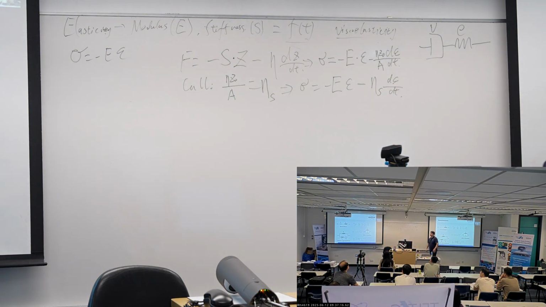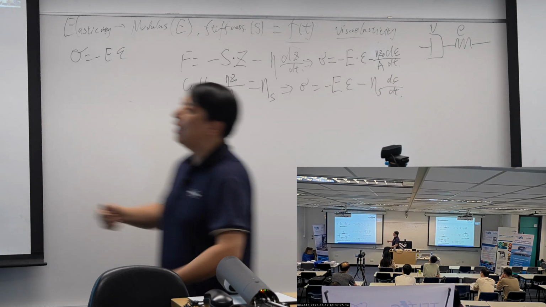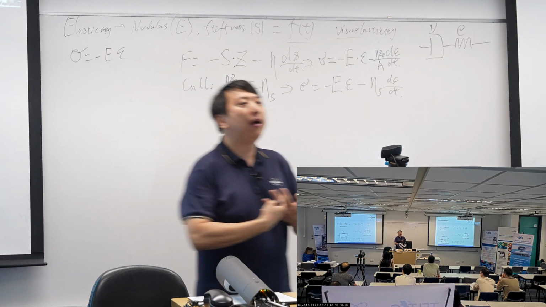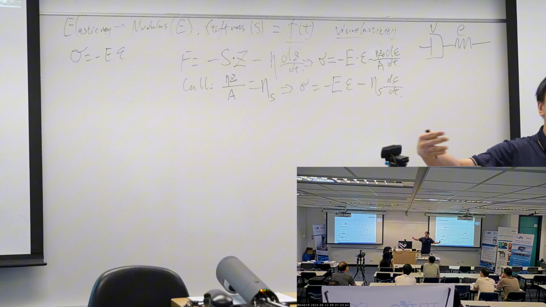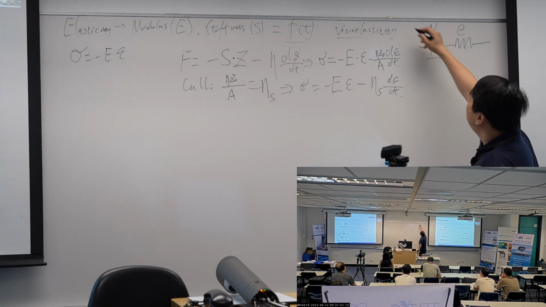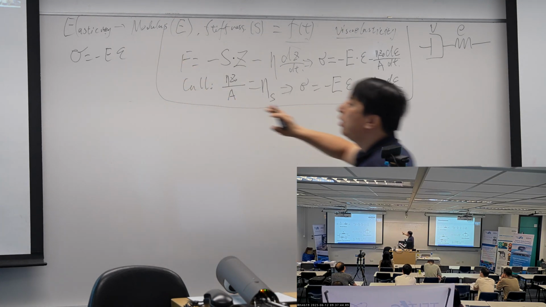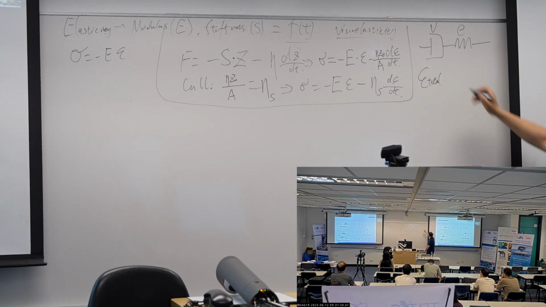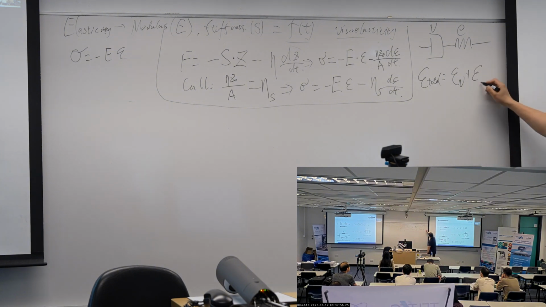Maxwell recognized this kind of viscoelasticity as a serial connection. And for a serial connection, once we apply force on this model, we combine the deformation, right? For two springs in serial connection, you are combining the total deformation. So in Maxwell's model, the total strain should be the strain of the viscous part plus the strain of the elastic part.